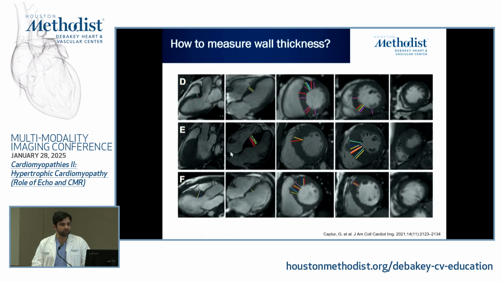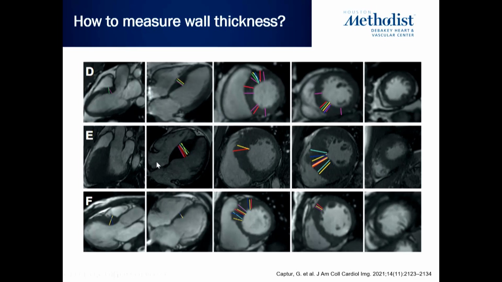In terms of measuring wall thickness, this is a very nice recent study that actually got a bunch of volunteers that are all experts throughout conferences, and they had people do paired studies of MRI and echo, and hey, just measure the LV wall thickness for me. And you see how everyone measures it a little bit differently, and everyone will measure it on the long axis versus the short axis.